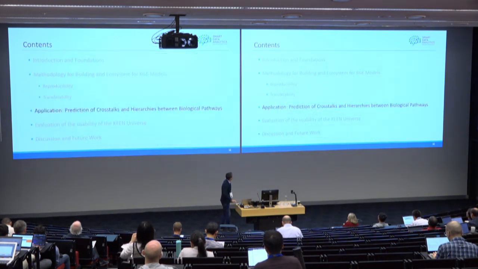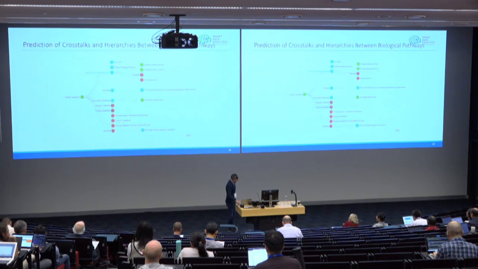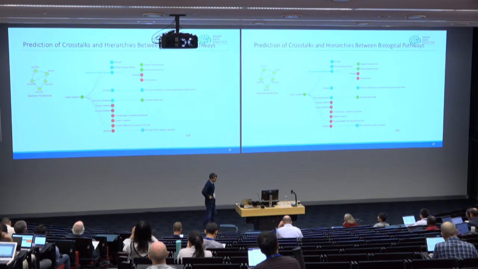Now I want to present one specific application: the prediction of crosstalks and hierarchies between biological pathways. Biological pathways represent biological processes, which consist of a set of genes which together are responsible for this specific process. For example, here we have the glucose metabolism process, which contains a set of genes.